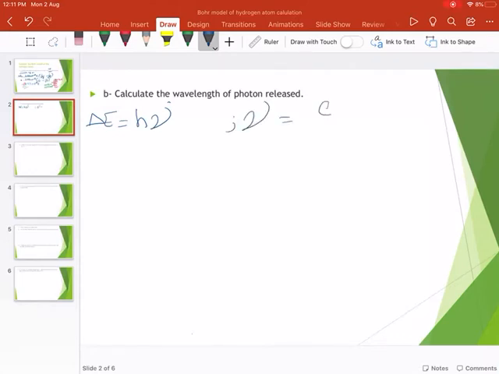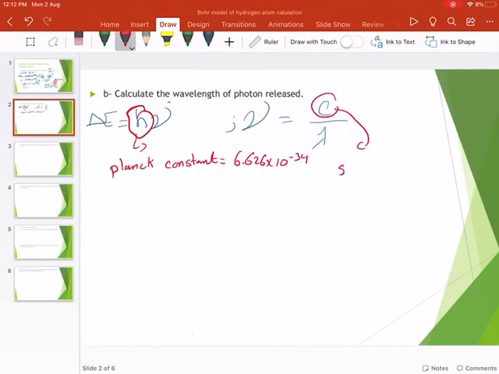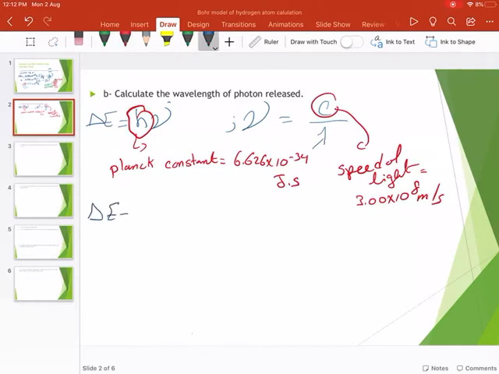But nu is related to wavelength, nu equals c over lambda, while h is the Planck constant, which equals 6.626 times 10 negative 34 joule second, and c is the speed of light in vacuum, which is 3 times 10 to the power 8 meter per second.